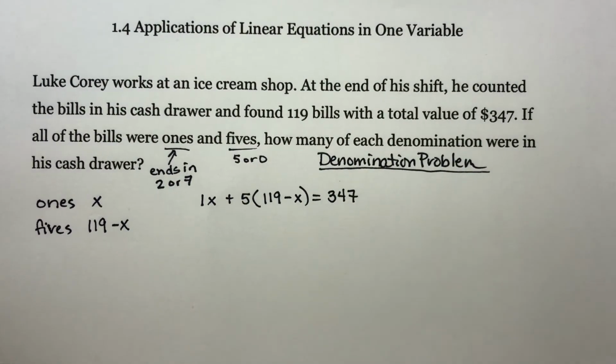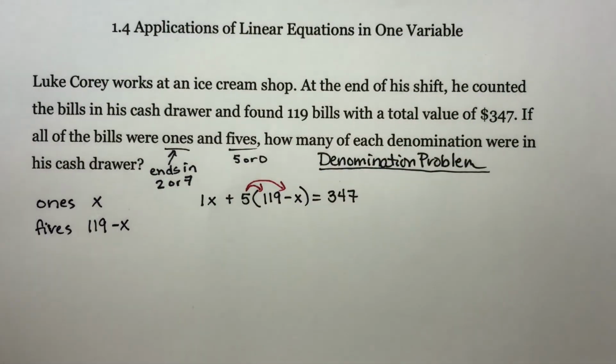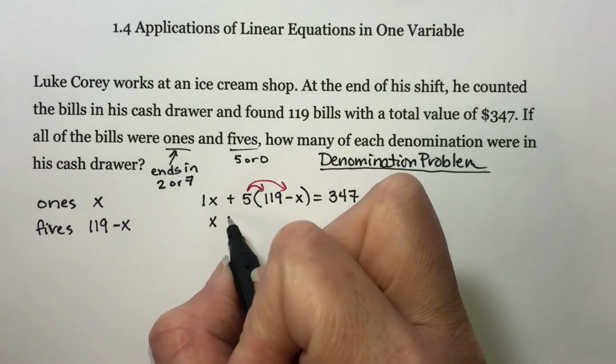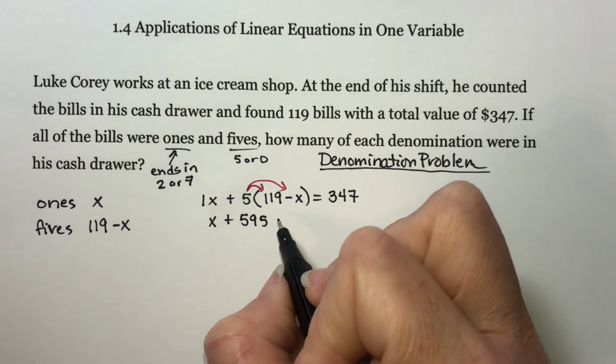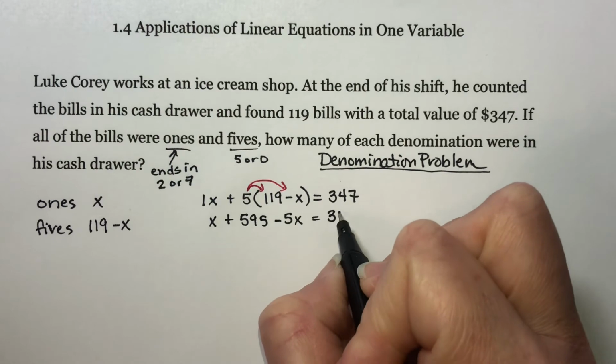Now I need to solve this. So I'm going to distribute the 5 here. I'm going to drop the 1 in front of the x. x plus 595 minus 5x is equal to 347.